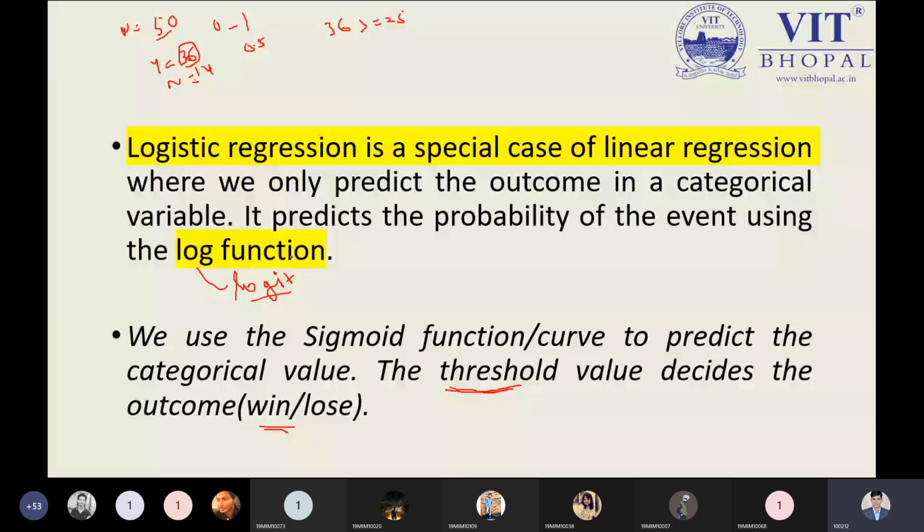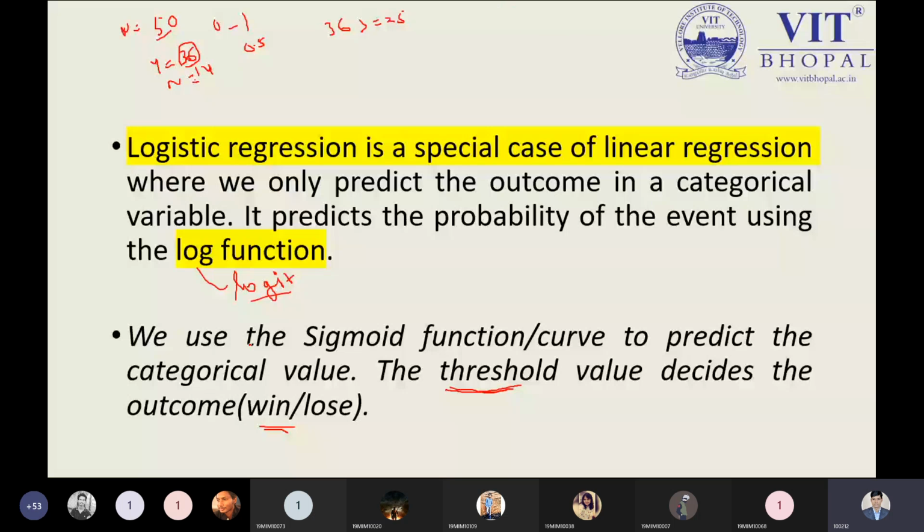But what is the function on which we can decide the value of a dependent variable? In linear regression, we have seen the equation y equal to mx plus c. Now, am I right? Just tell me, am I right? Yes, sir.